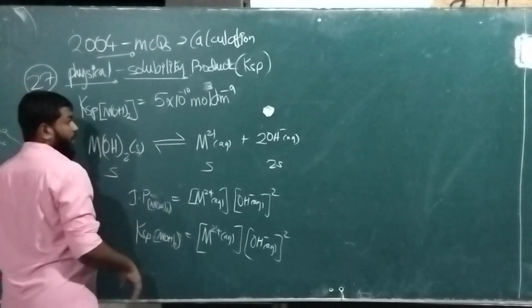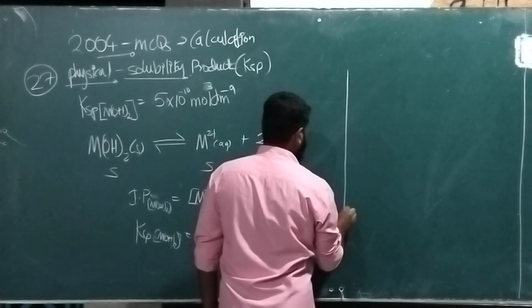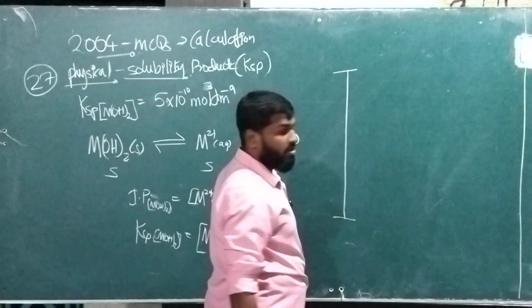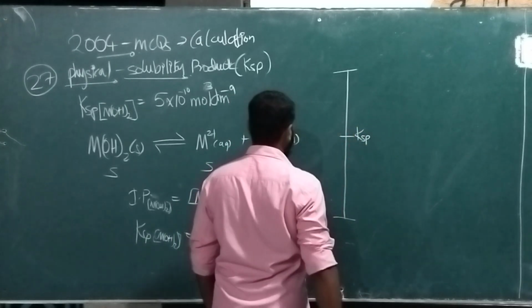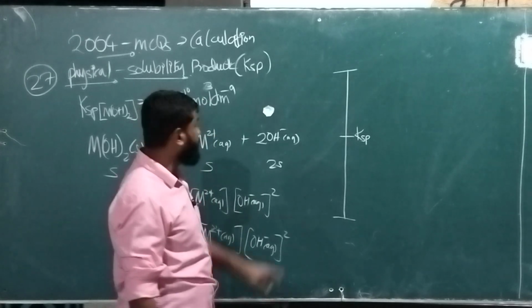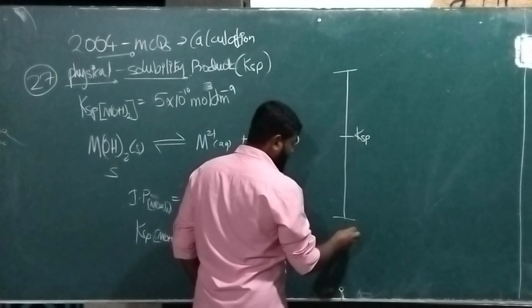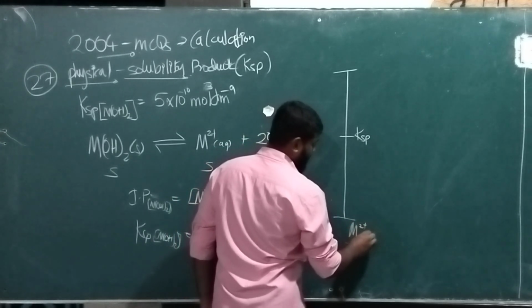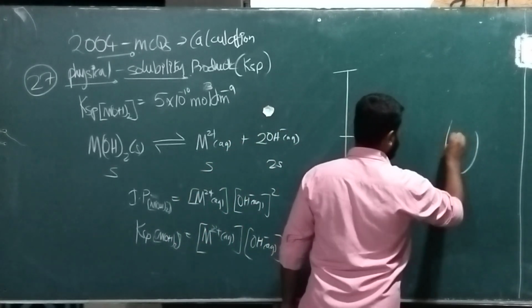Now, let's say I'm taking a graph. Let's say I'm having my KSP of the solution of MOH twice over here. What I'm going to do is take some amount of M2 plus aqueous in a solution here.